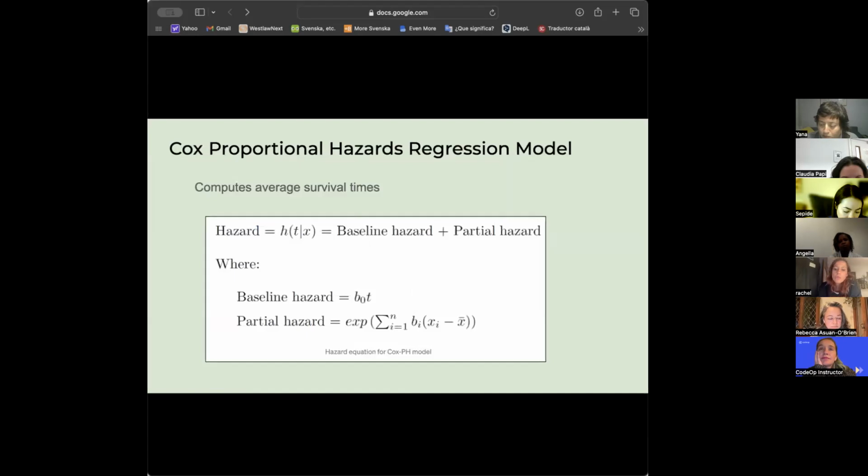And then what we did is we applied a semi-parametric model that took into account the impact of the covariates on the seedling survival.